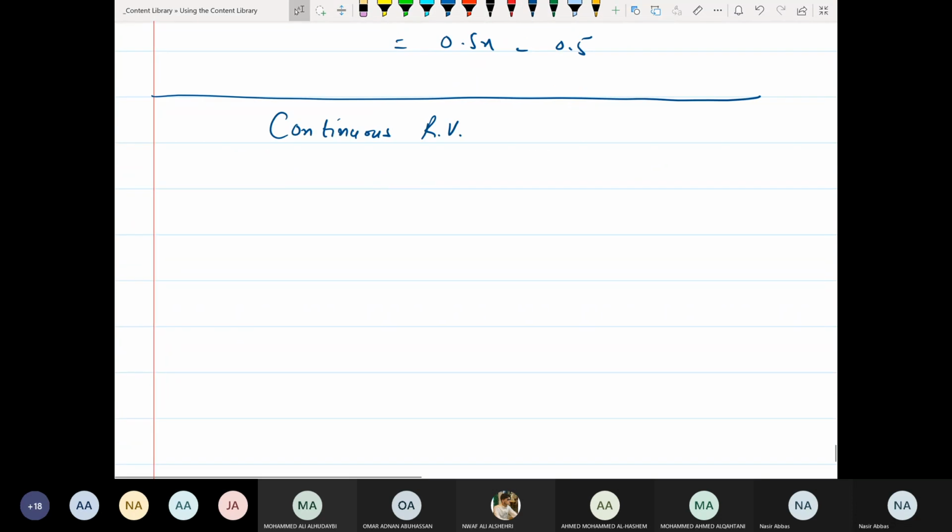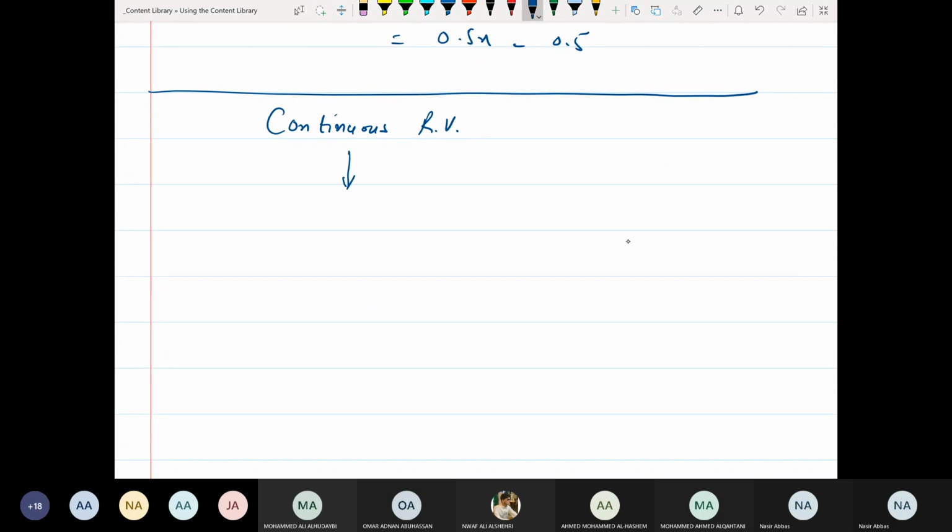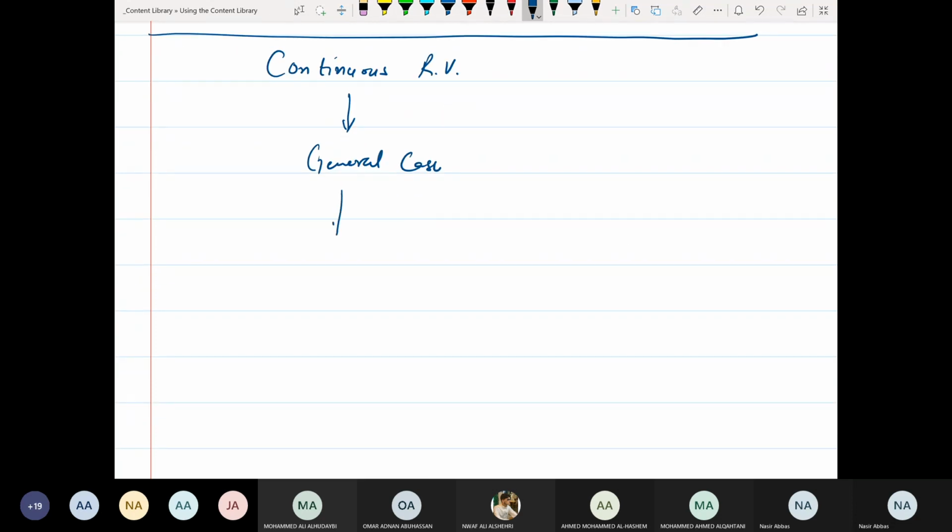We talked about the continuous random variable, and we said the general case is the case where we have the PDF of x given as a function over a specific domain, such that this function possesses these two properties.